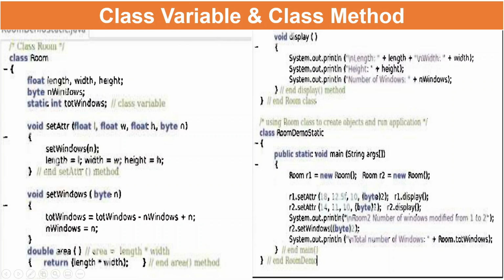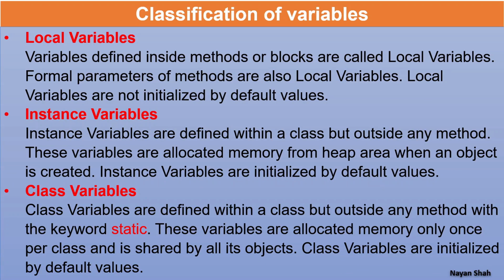So remember, length, width, height, and nWindows are instance variables. Static int totalWindows is a class variable, and if I had defined a variable, say int a, anywhere within any method, then that variable a is called a local variable. So there are three types of variable: local variable, instance variable, and class variable.